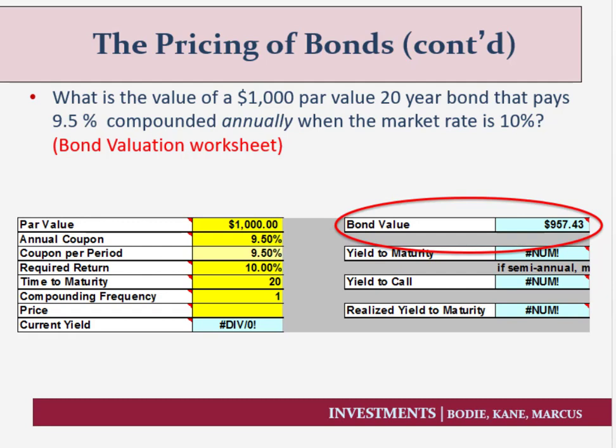So first we have, what is the value of a $1,000 par value 20-year bond, pays a 9.5% compounded annually coupon when the market interest rate is 10%. So as you can see, you can fill in the data here. All the data is there for us. $1,000, 9.5 is the coupon.